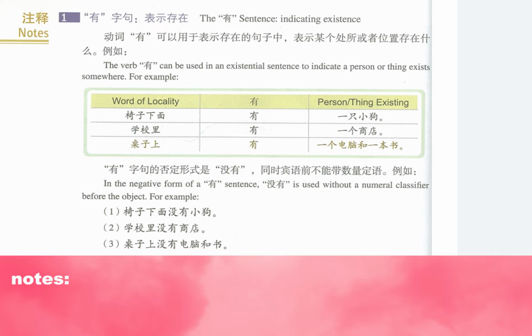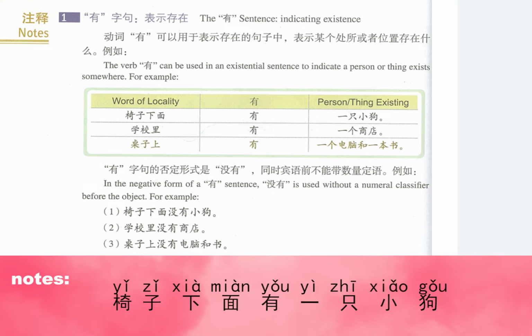有字句表示存在 The 有 sentence indicating existence. Let's study the 4 sentences in this green box.